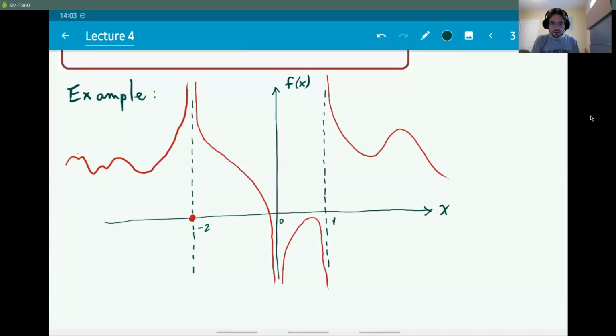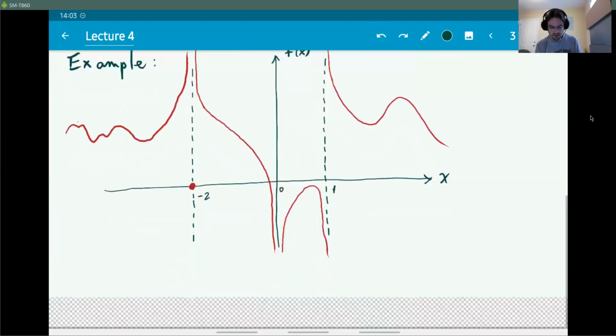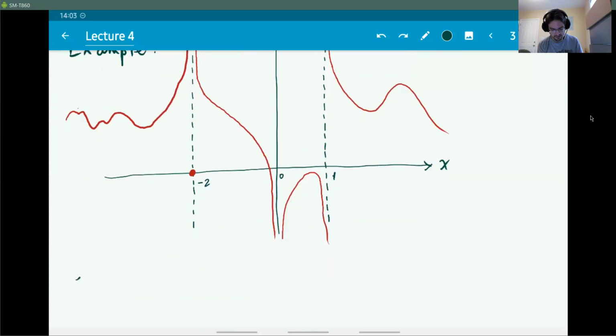If you look close enough to -2 and at what the graph is doing, you see that the graph is way up there and becoming larger and larger on both sides. So we say that the limit as x approaches -2 is plus infinity, or just infinity.